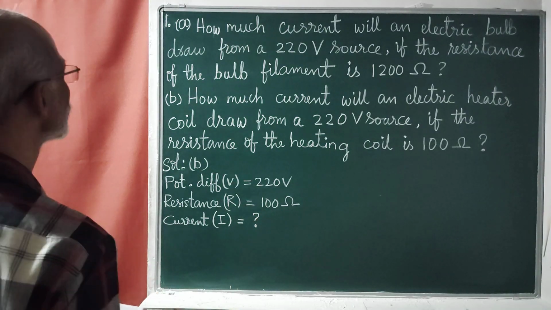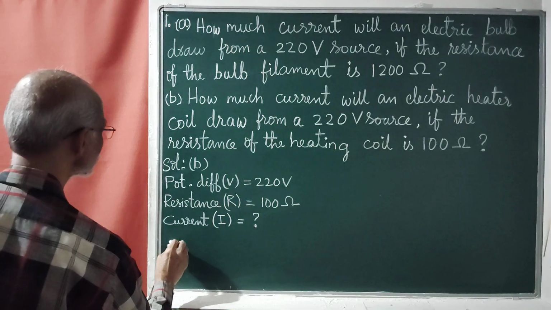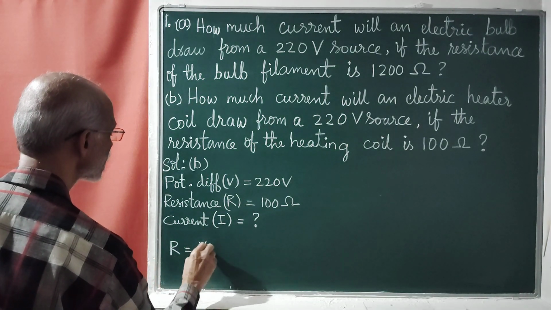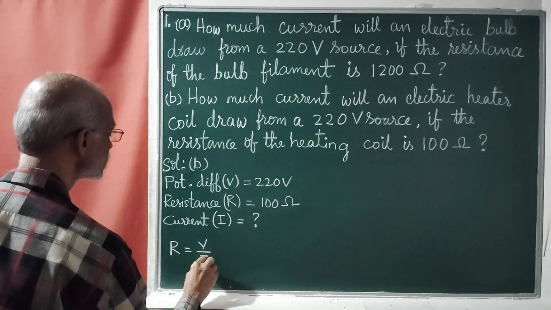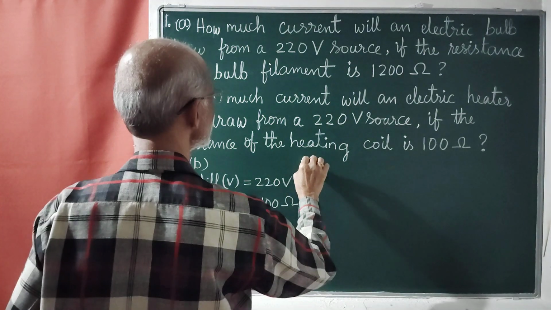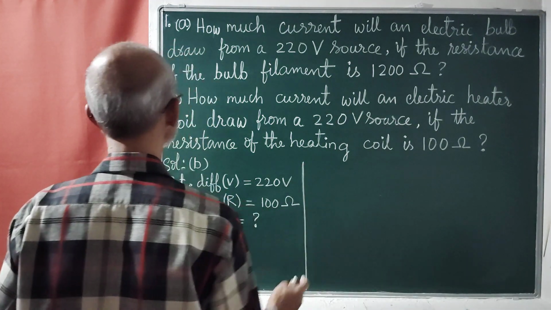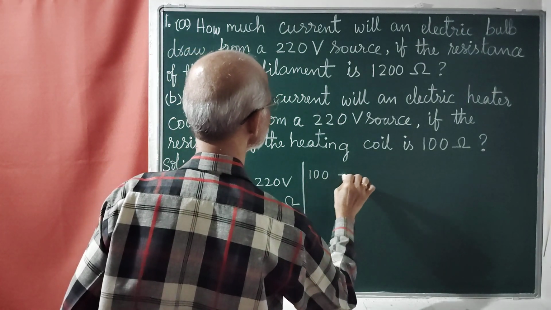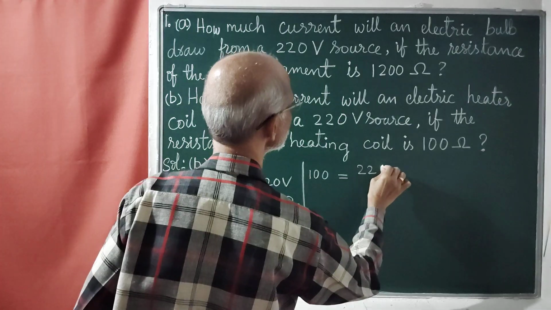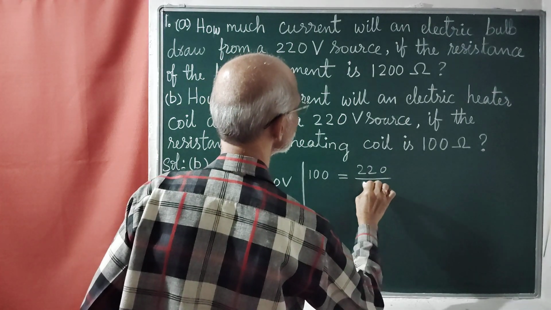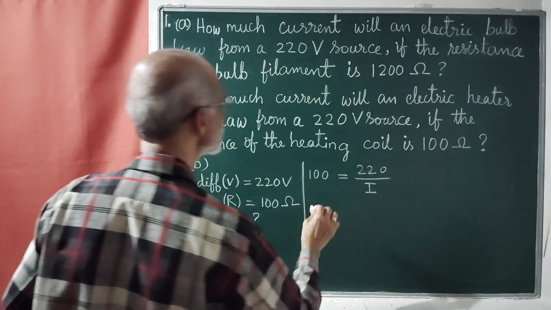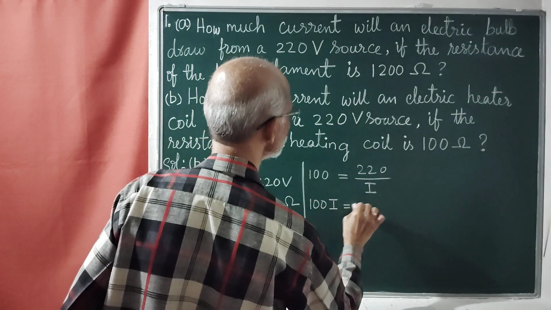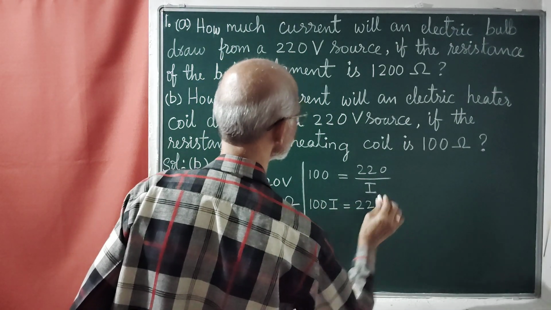So by Ohm's law, we know that R is equal to V by I. So what is R? 100 ohms is equal to 220 by I. We cross multiply: 100I is equal to 220.